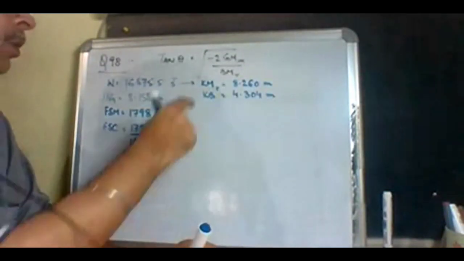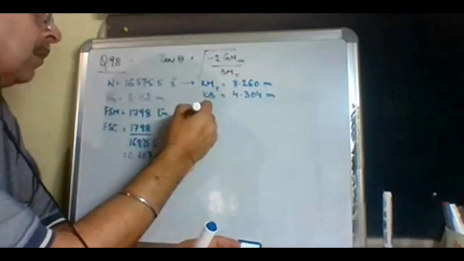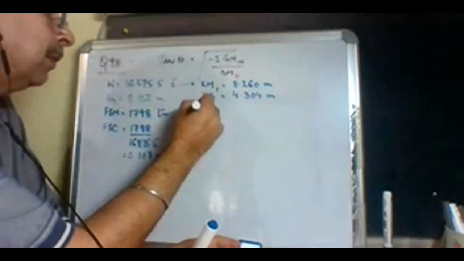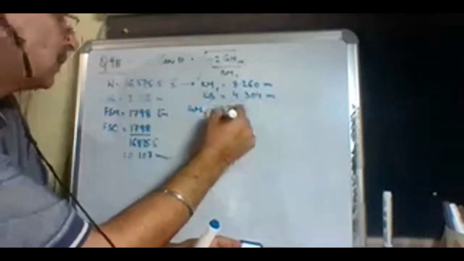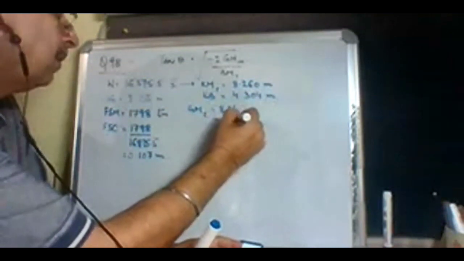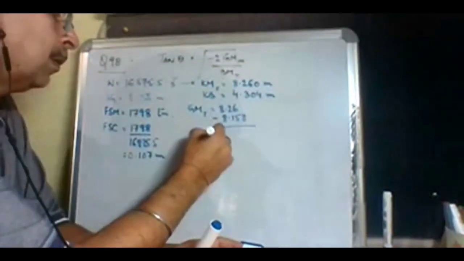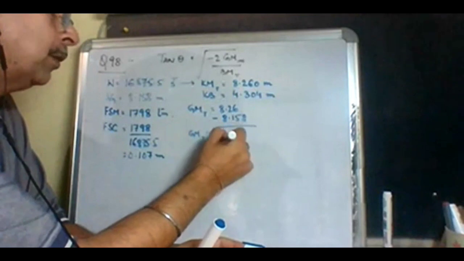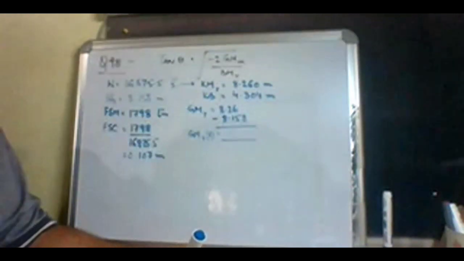So KMT minus KG will give me GMT solid. 8.26 minus 8.158. This will give me GMT solid.